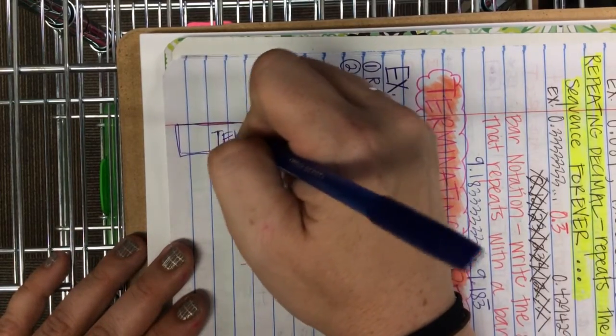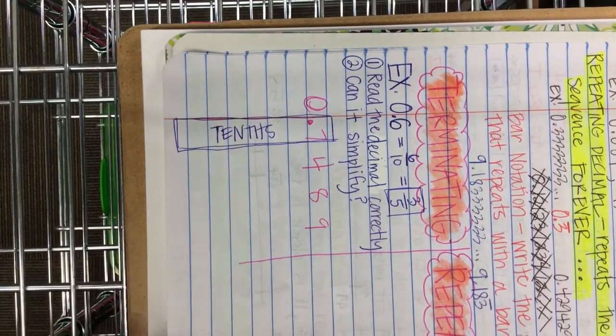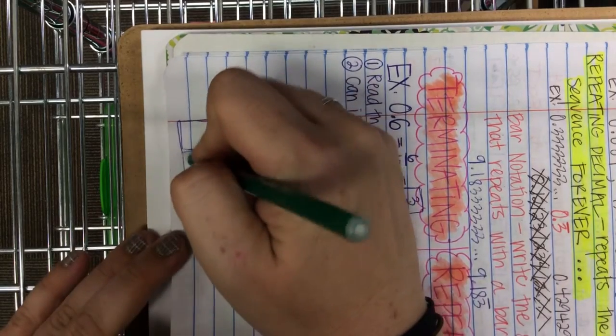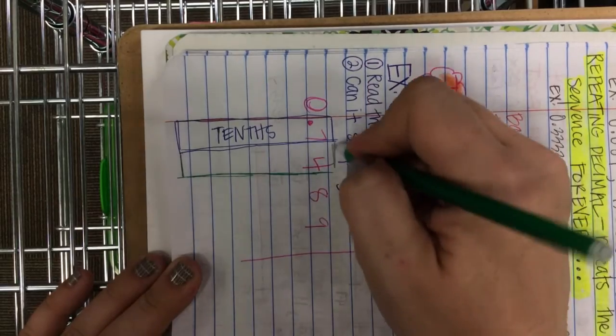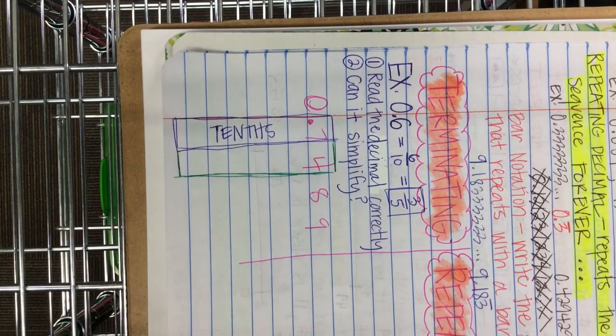Tenths. The 4, what place value is the 4 in, Grant?